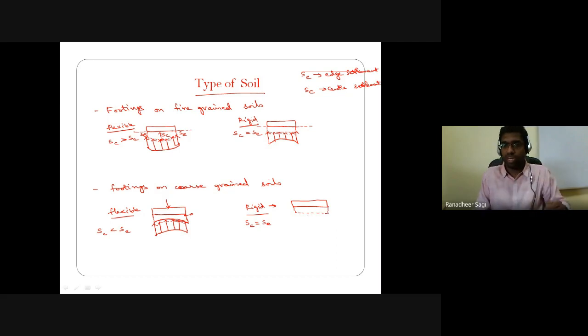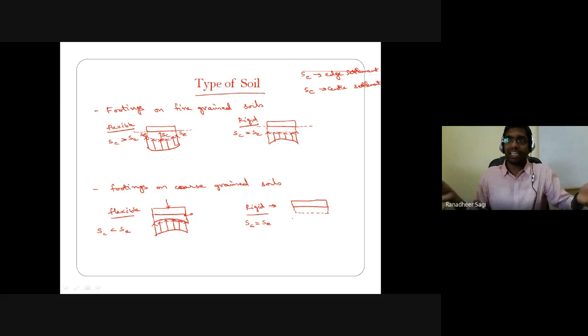But however, what we need to know is how your contact pressure distribution diagram is going to be. In the case of rigid footing, the contact pressure distribution diagram is going to be non-uniform. When the rigid footing was resting on fine grained soil, what we have understood is at the edges your contact pressure is maximum, at the center it is going to be minimum, and the vice versa is what you are going to see in the case of your rigid footing resting on coarse grained soil.